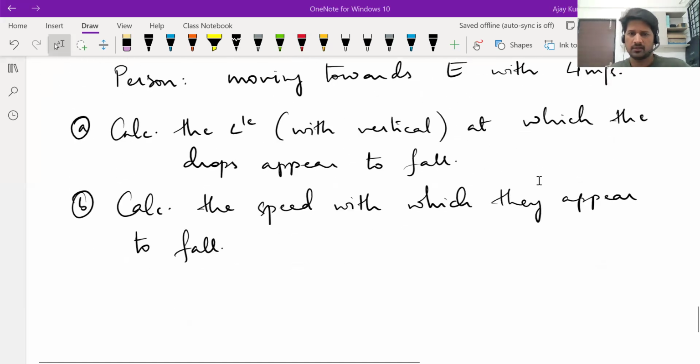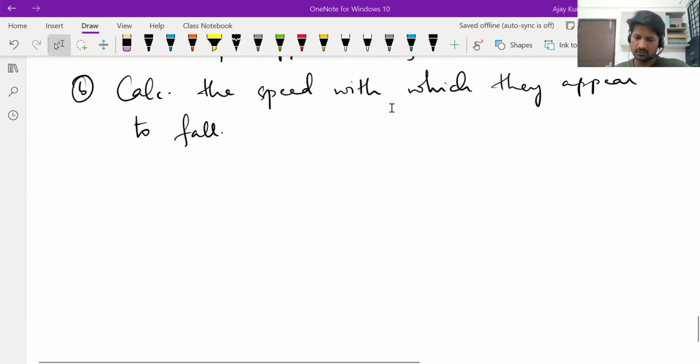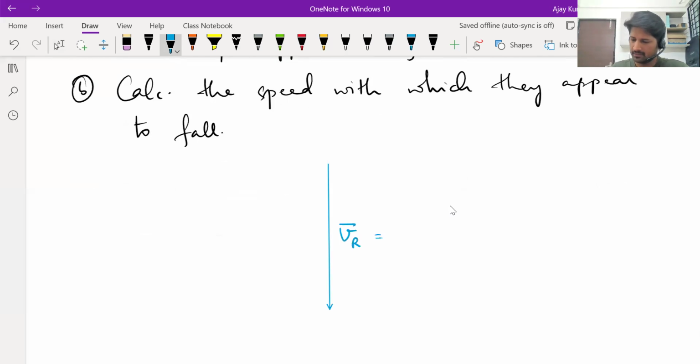Okay. Let us draw the vectors first. Velocity of rain as given in the question is vertically down. So assume this vector represents the velocity of raindrops. Its magnitude is 20 meters per second. Person is moving to the east.